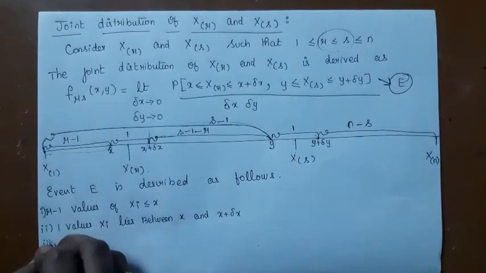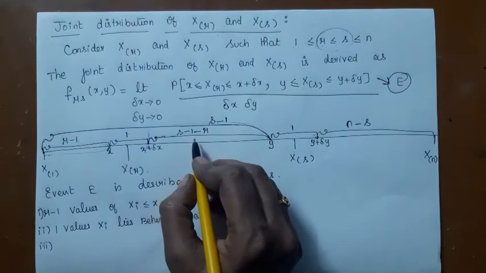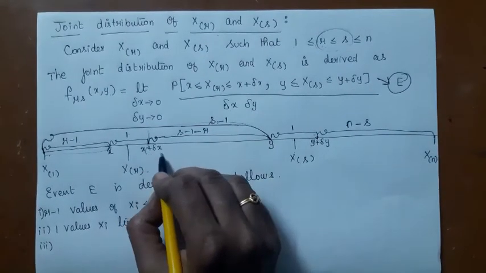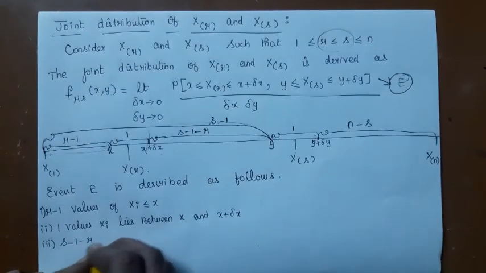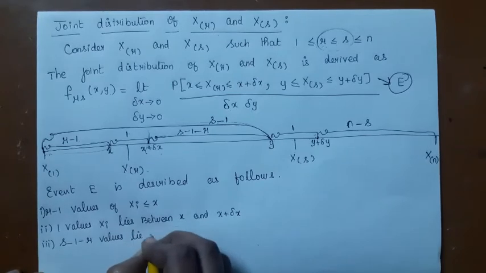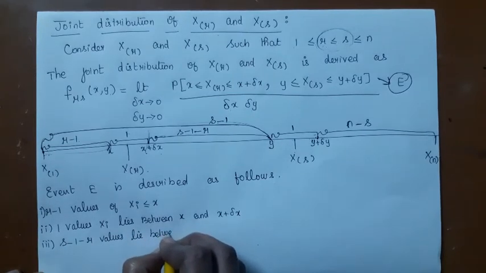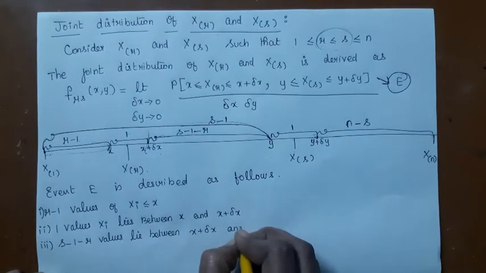And S minus 1 minus R values of Xi lie between x plus delta x and y.